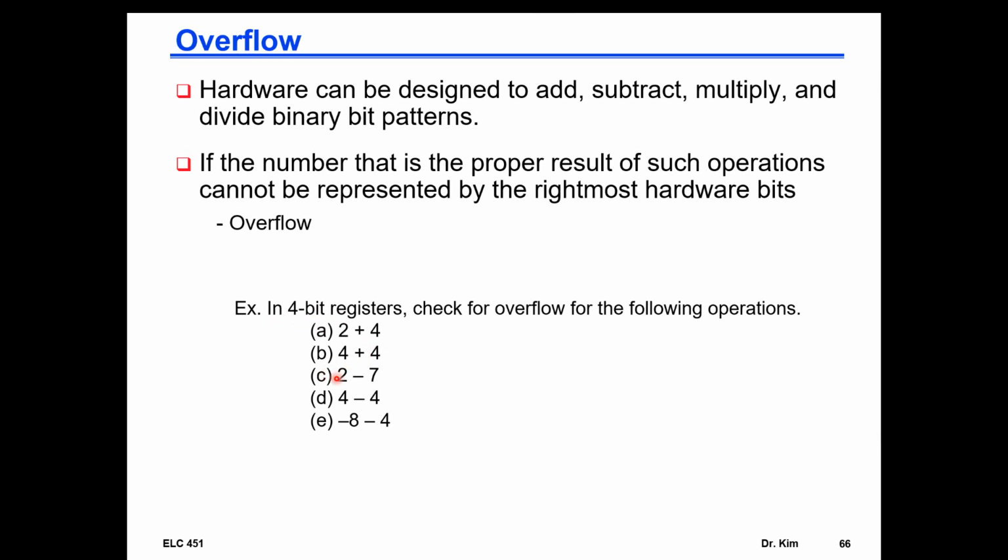If we have 2 - 7, so that would be -5, we can hold that. 4 - 4 is 0, that's fine. And then -8, which is a valid number, and -4, which is another valid number in the range for 4-bit registers, would give us -12.